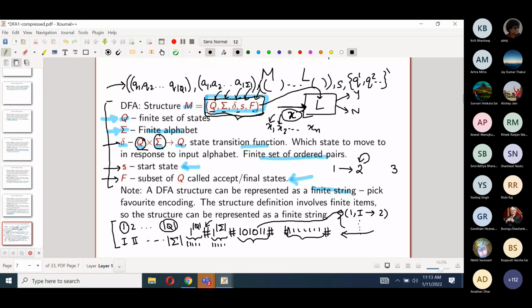So we don't have a finite description of this transition function delta if we consider that entire x as part of the input. So for the modeling itself, if we want a finite model, we should be reading it one symbol at a time.